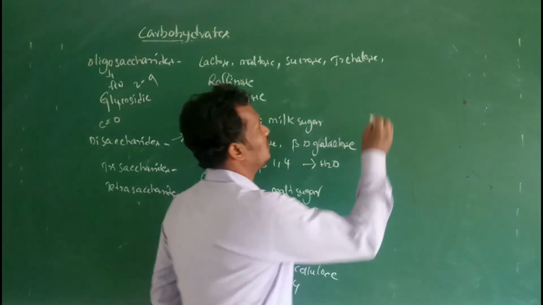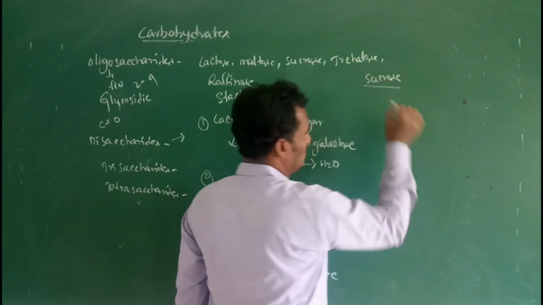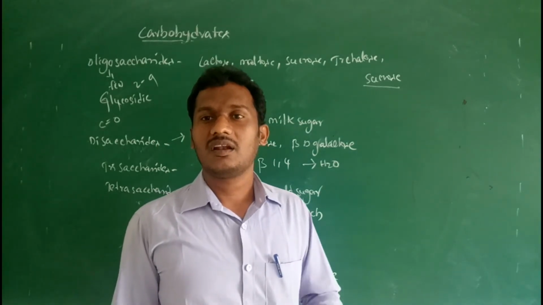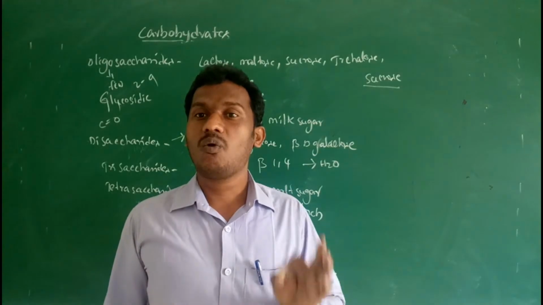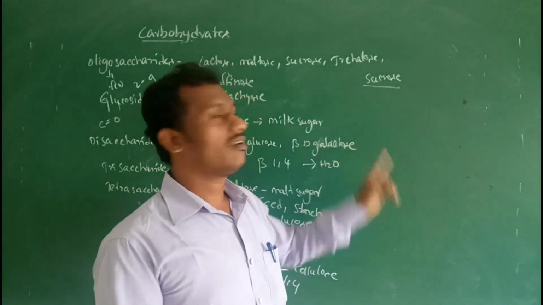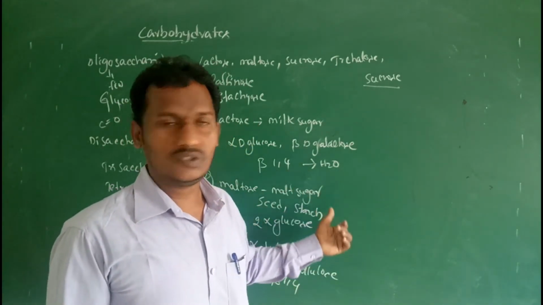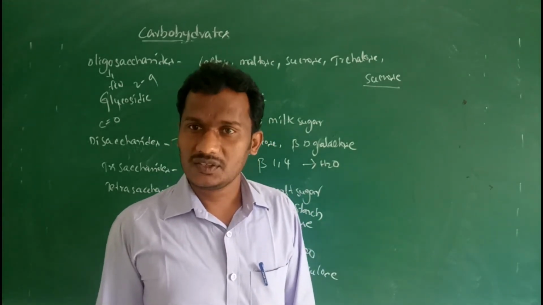So next one, sucrose. Sucrose is a disaccharide, a non-reducing sugar. Lactose and maltose are reducing sugars, while sucrose is a non-reducing sugar.